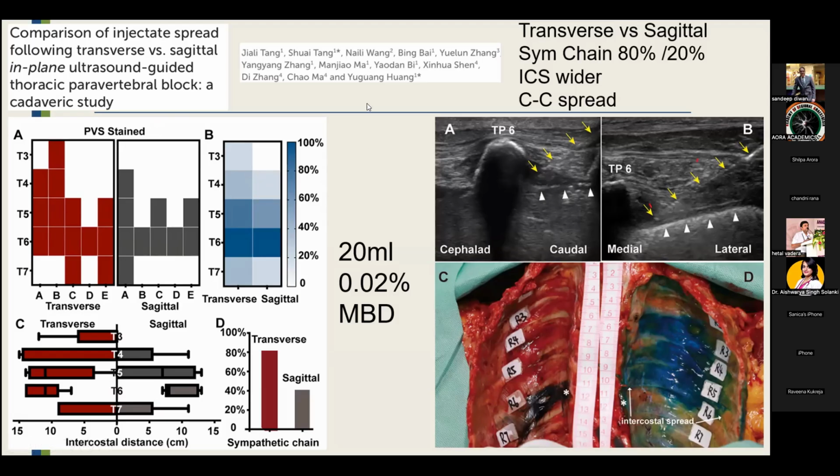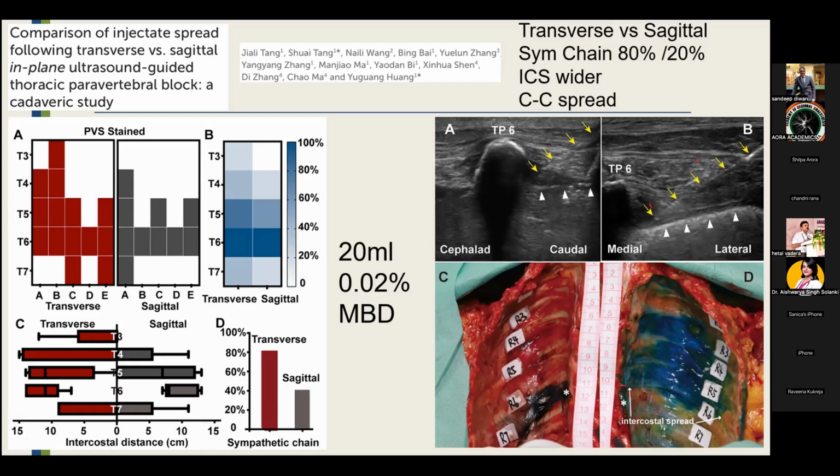What they found was that the sympathetic chain was more blocked with the transverse than the sagittal. The intercostal space was more blocked, wider with the transverse, and the craniocaudal spread was also more with the transverse rather than the sagittal.